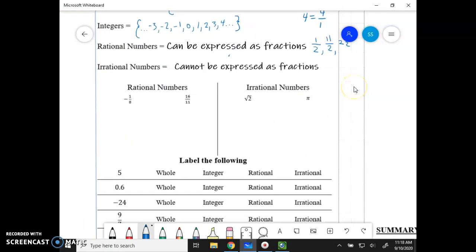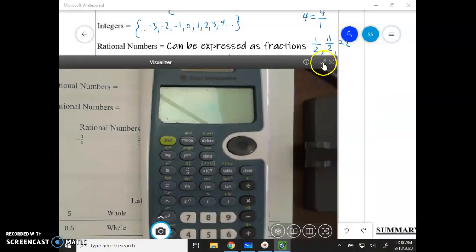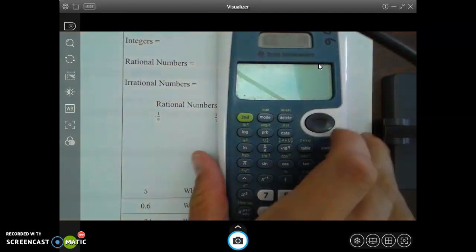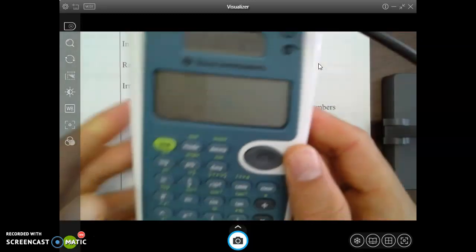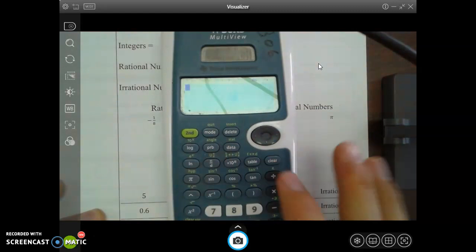All right. For this section, here are another couple ways to differentiate between rational numbers and irrational numbers. I'm going to switch over to a different view here because I want to show you guys my calculator. All right, so we have -1/8. I'll show you 2 ways.